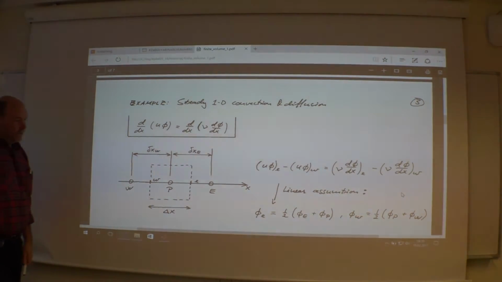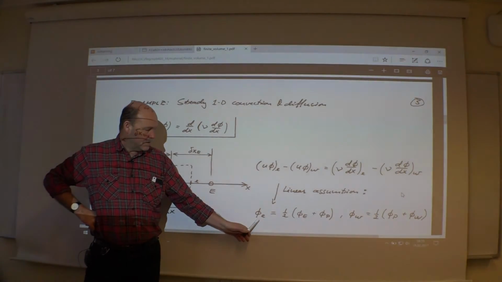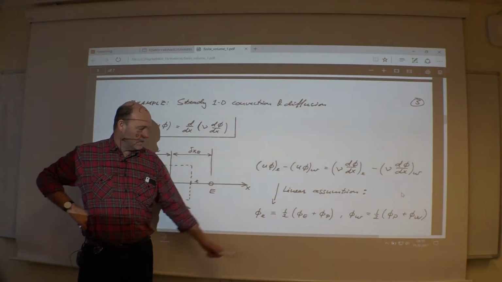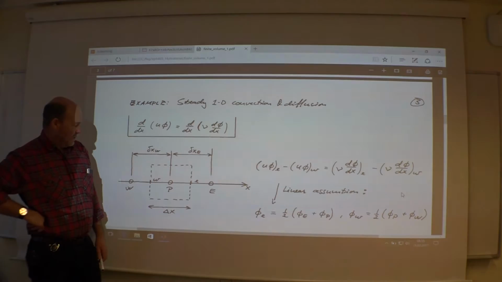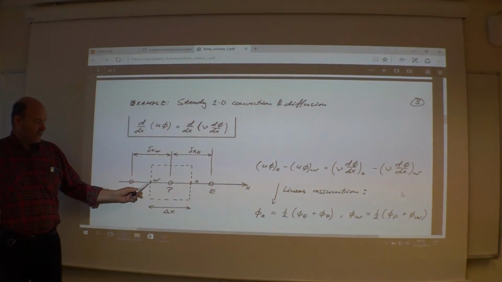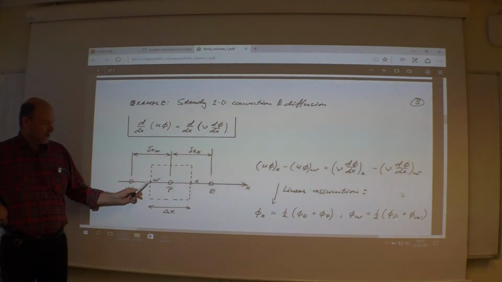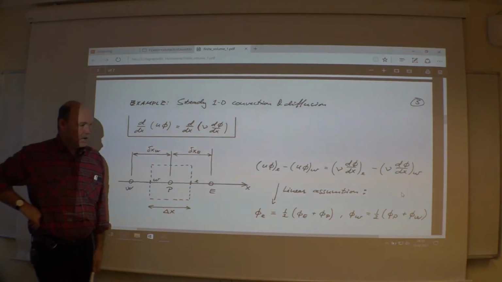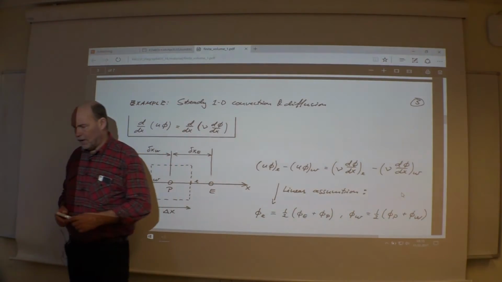Here we find these by simple linear interpolation, and when I've done it nicely, everything is in center. This one is located in the midpoint between these two, so this will be only 1/2.